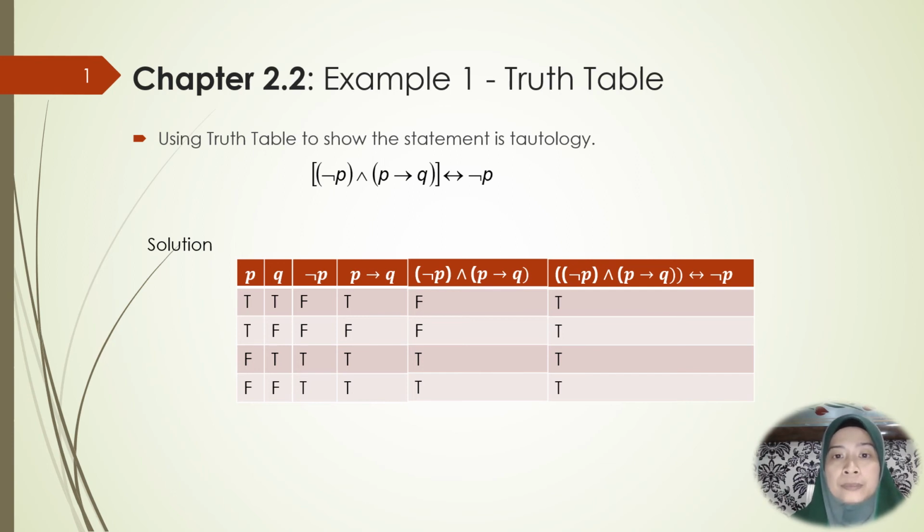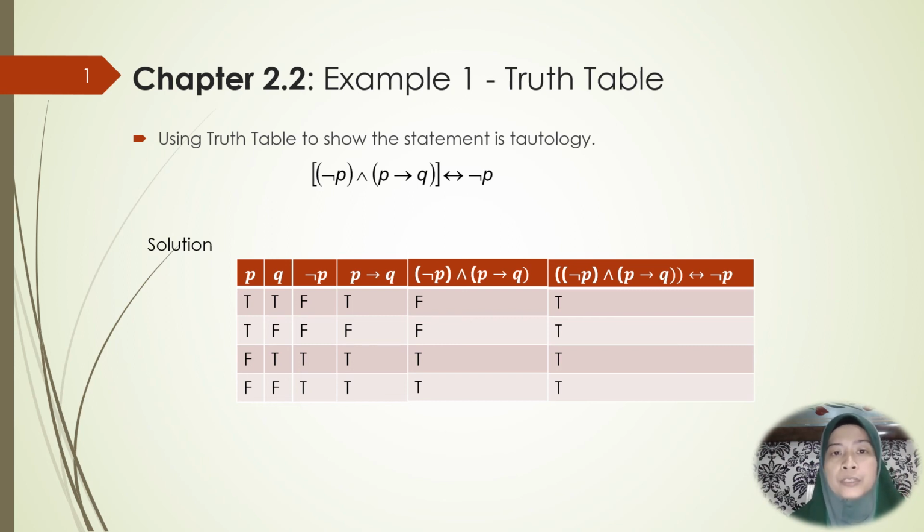Right. So we compare the fifth column and the third column. So if both columns have the same truth value, it means that it is true. So false, false, then that's why it becomes true. False, false, it becomes true. True, true is true. True, true is true. Right?